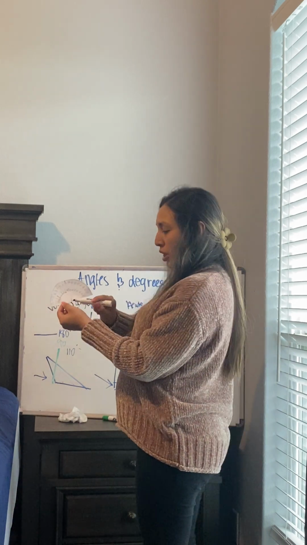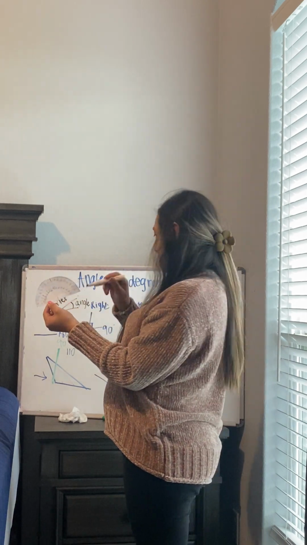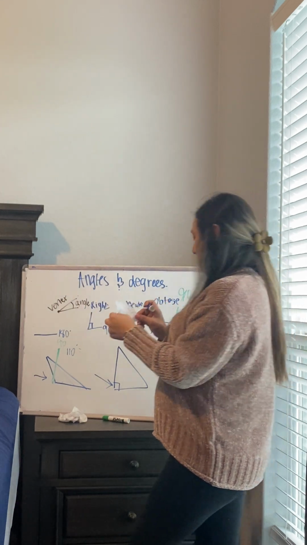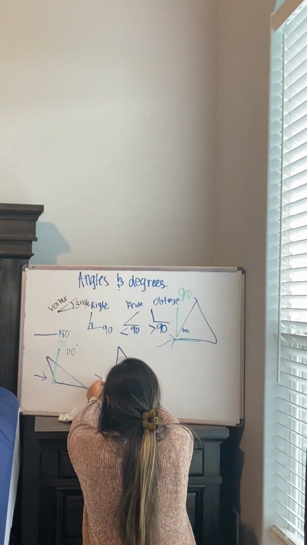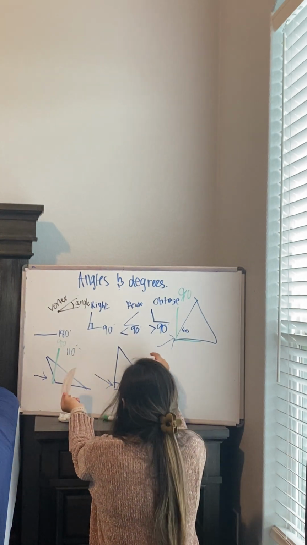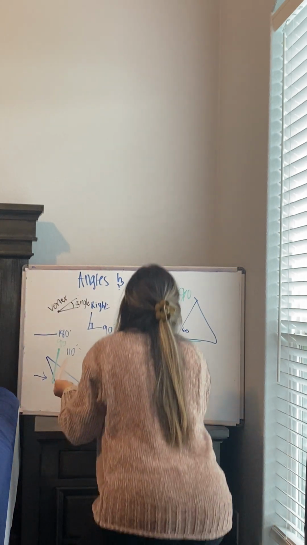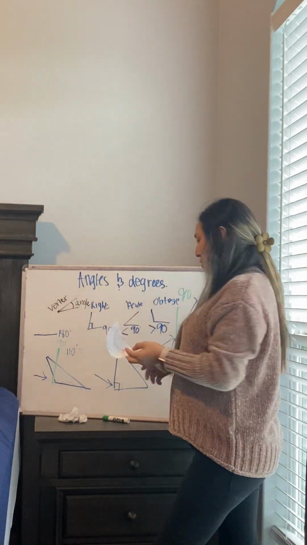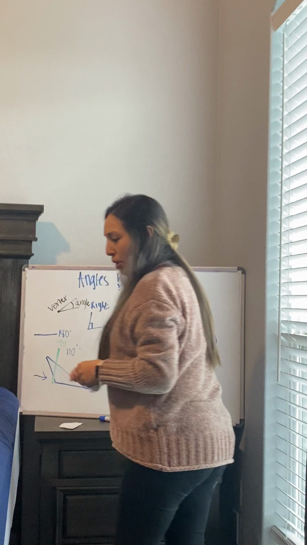So again, this goes on the vertex of the shape, and we're going to measure. If you put it down right here, you can see that it goes straight up to 90. So this one is 90. And if you check, it looks similar. So that's how we know that we are on the right track.